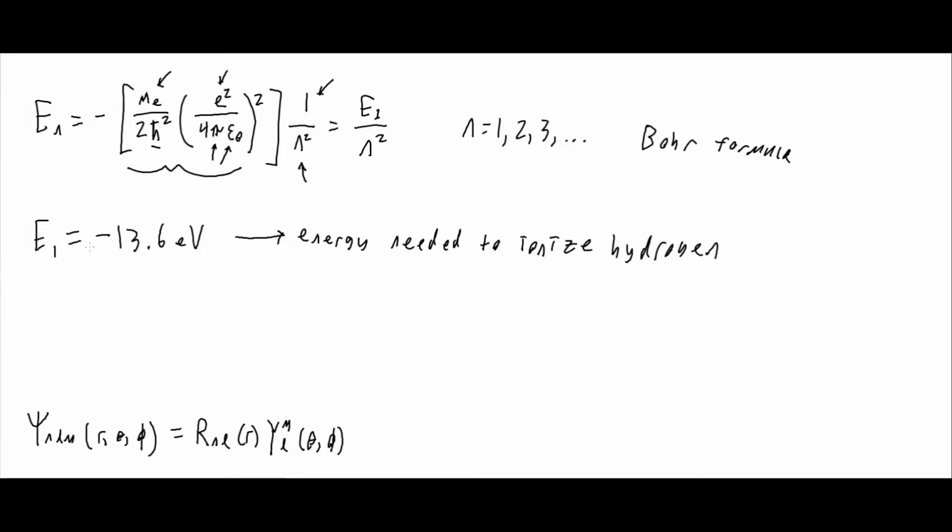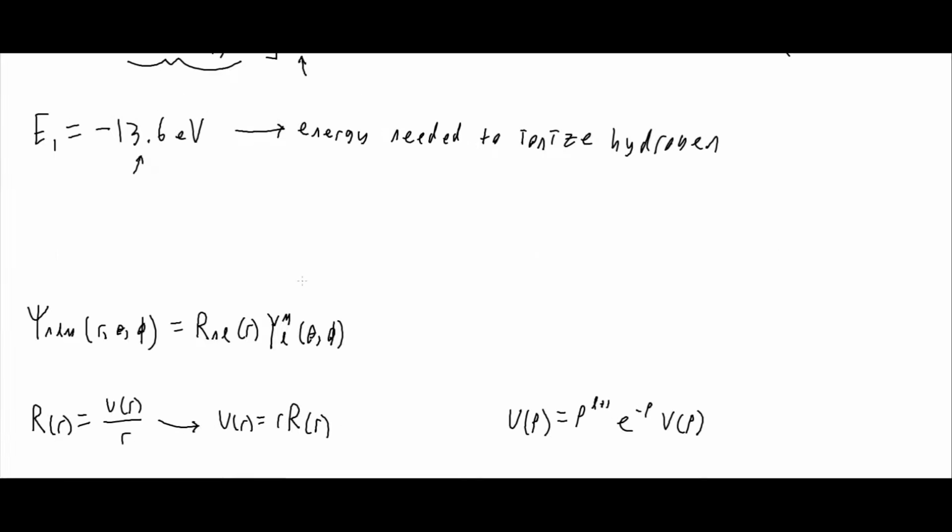That gives us an E1 equal to minus 13.6 electron volts, which is the energy needed to ionize the electron from the ground state of hydrogen.